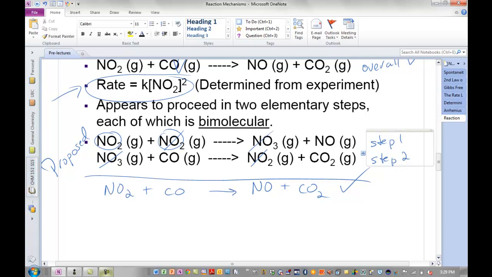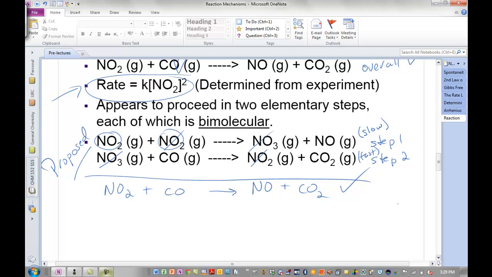Let's go back. So what I'm going to put here is, to make this a valid mechanism, I'm not going to make you do this. These would be labeled. But let's label the first step slow and the second step fast. Based on what we know, we can write the rate law for either of these two steps from the coefficients, since they're elementary steps.